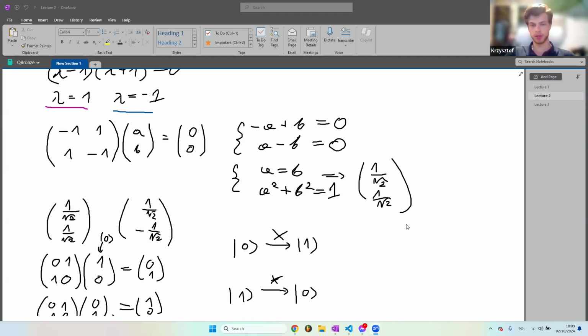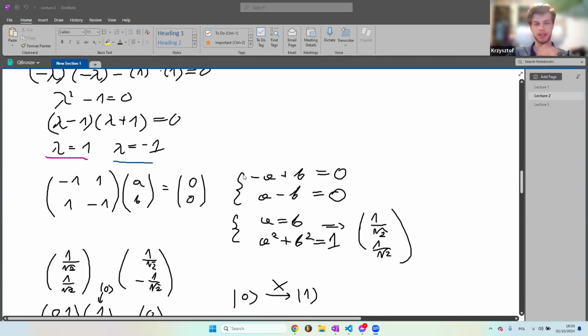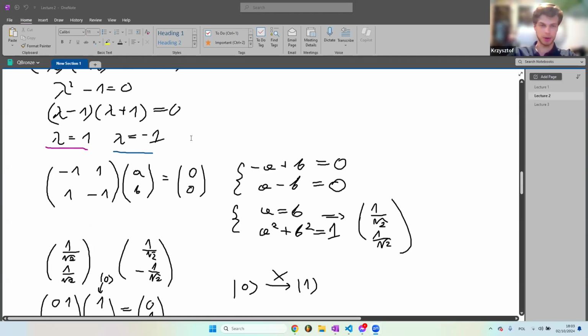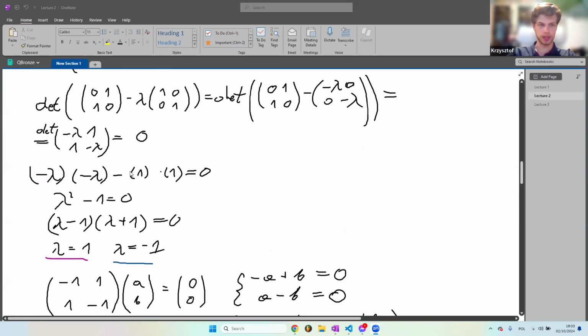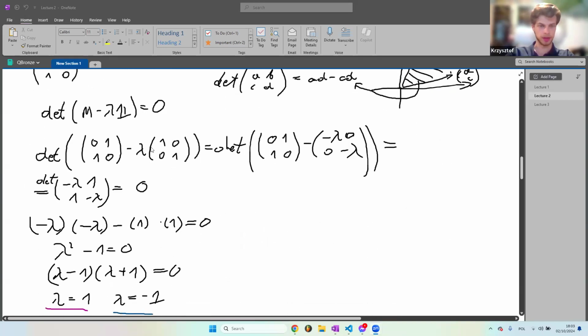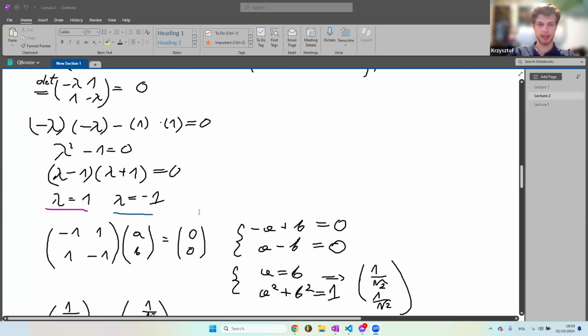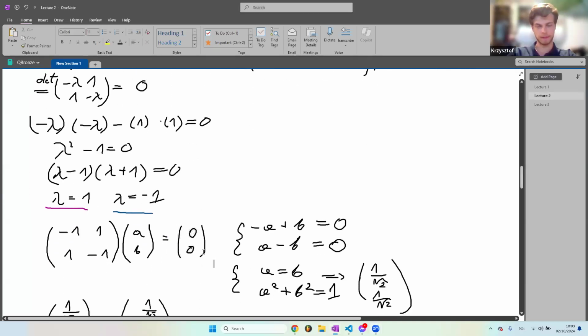Let others join. And at the beginning, I want to make a little disclaimer about yesterday's lecture. I was trying to derive the eigenvectors and eigenvalues of the Hadamard operator, of the NOT operator, I'm sorry, and I was stuck in this part here.